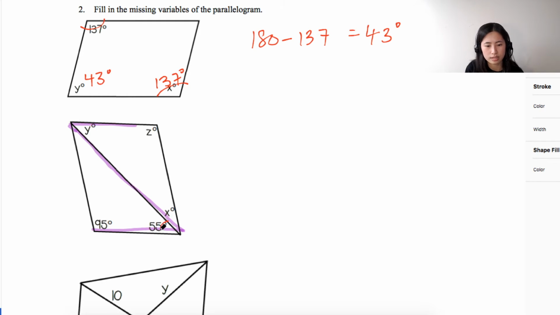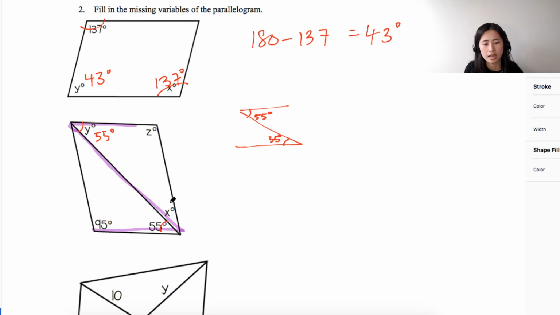If you know that this is 55 degrees, therefore this has to be, well, not the whole thing, only just y. So this has to be 55 degrees as well, because based on the z pattern they're alternate. So if this is 55 degrees, that means this has to be 55 degrees as well.